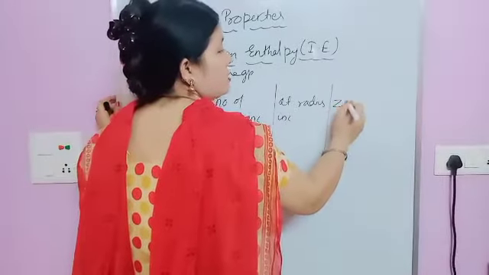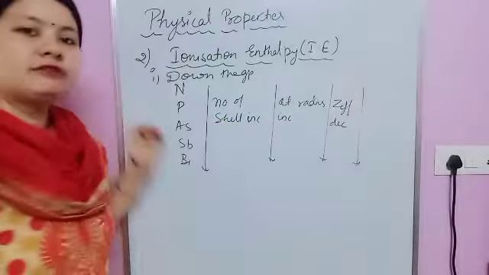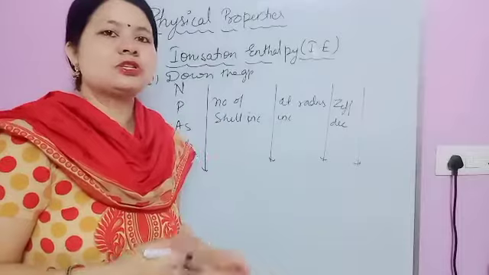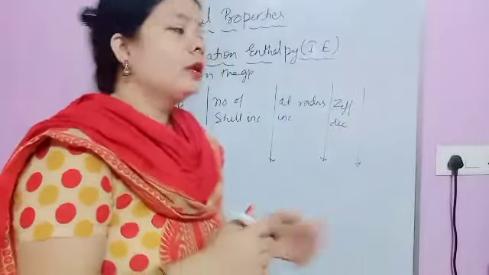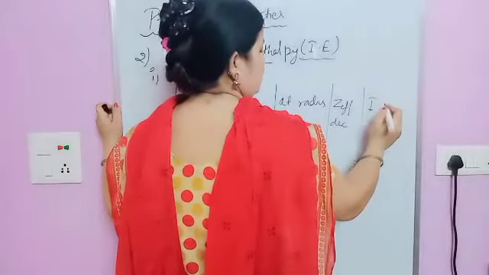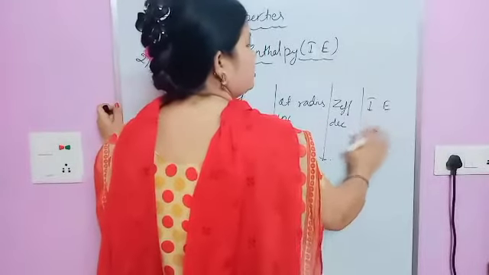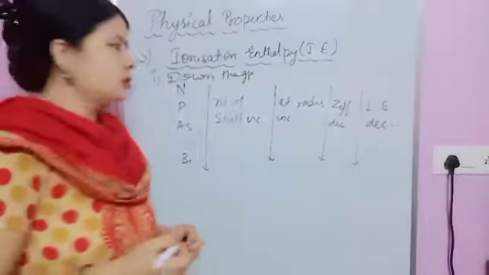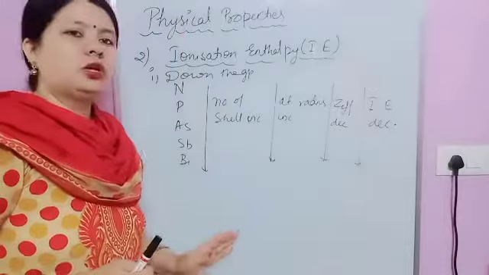So Z effective decreases, and if Z effective decreases, less energy is required, because the size becomes bigger and the force of attraction is decreasing. That's why ionization energy decreases, because we need less energy to remove the electron. This is the reason why it decreases down the group.